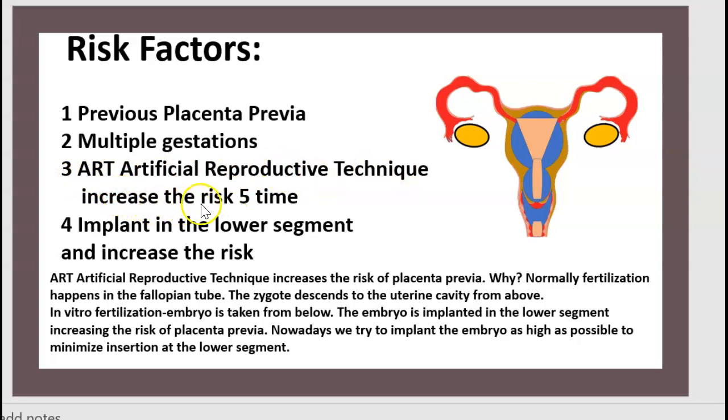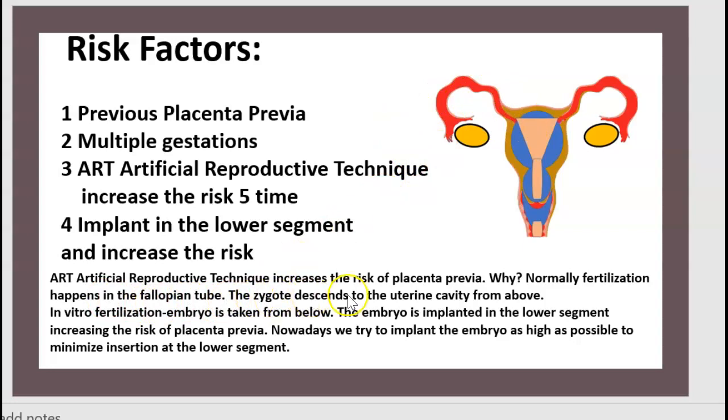This increases the risk of placenta previa by 5 times. Implant in the lower segment increases the risk. Artificial reproductive technique increases the risk of placenta previa. Why? Normally, fertilization happens in the fallopian tube.